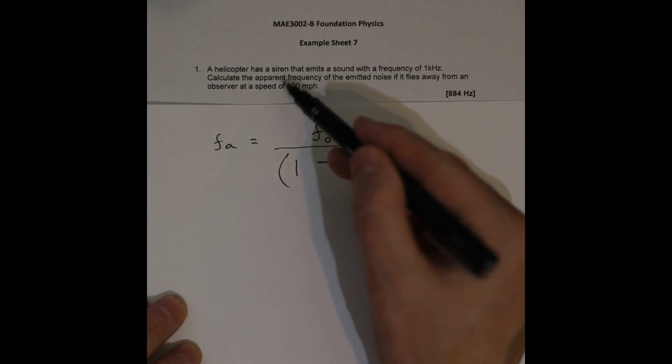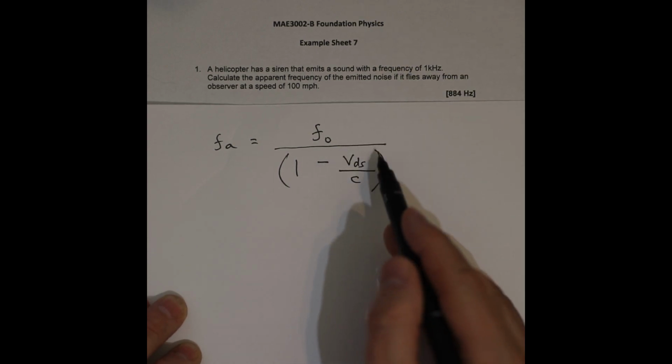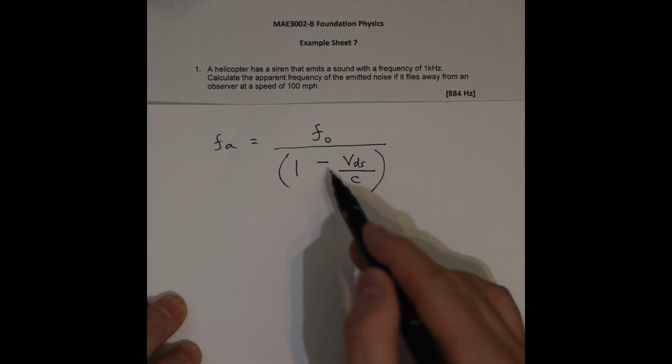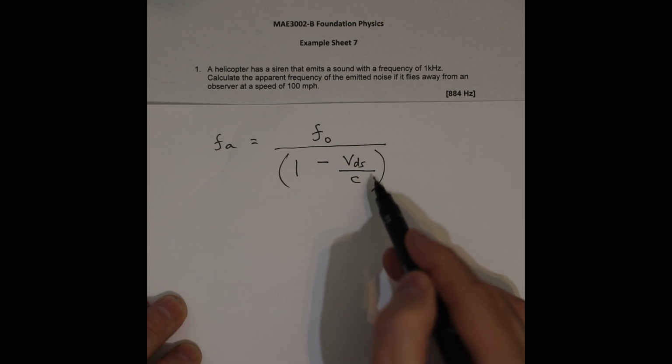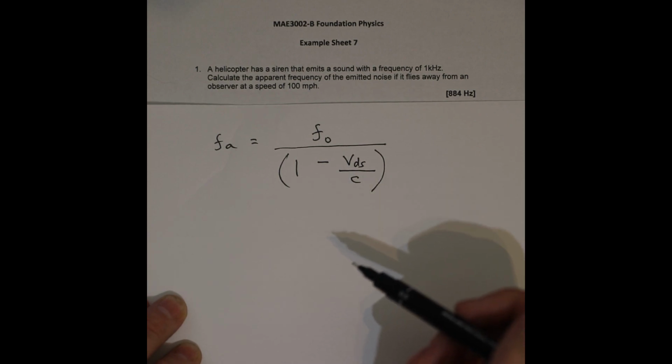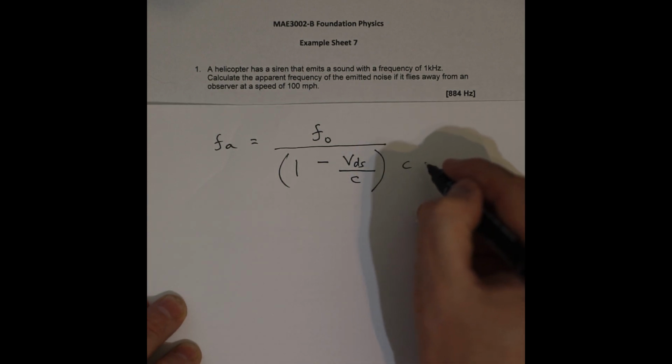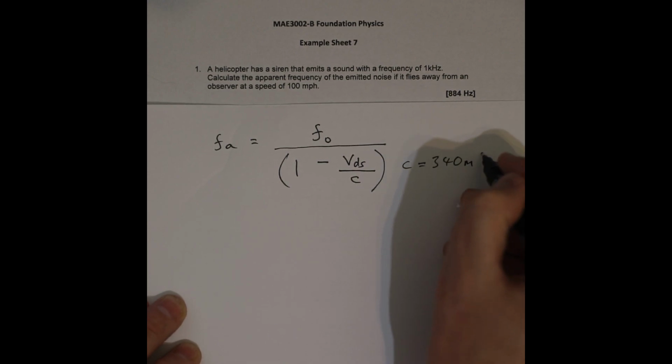Well, we do know the velocity, but it's given in miles per hour, whereas for this equation to hold true, this velocity has to be in the same unit as the speed of sound. So if we use c equal to 340 meters per second, then we have to express this velocity as meters per second.